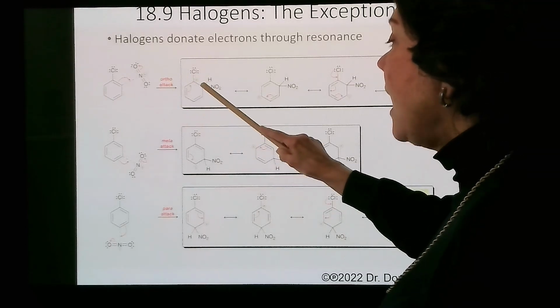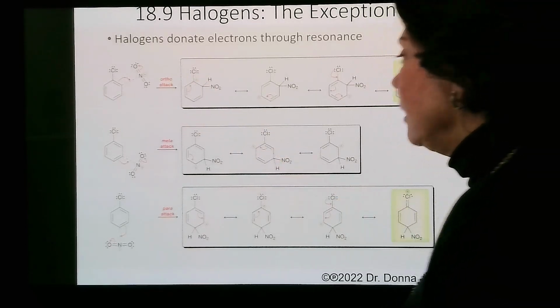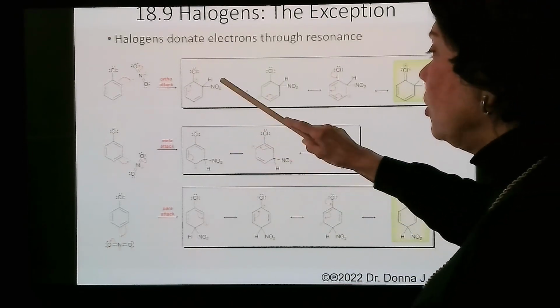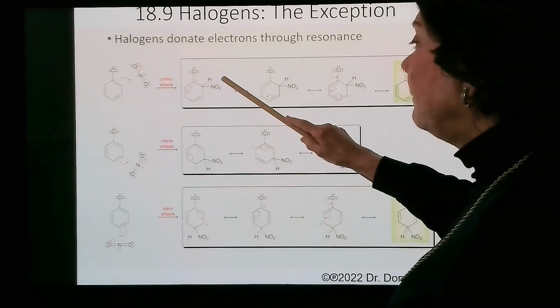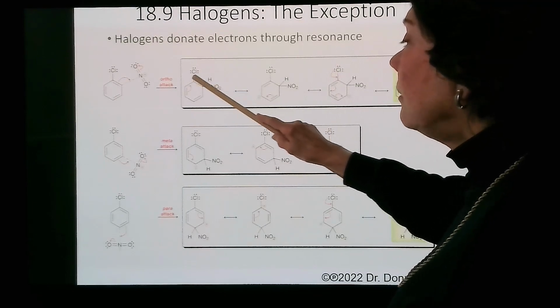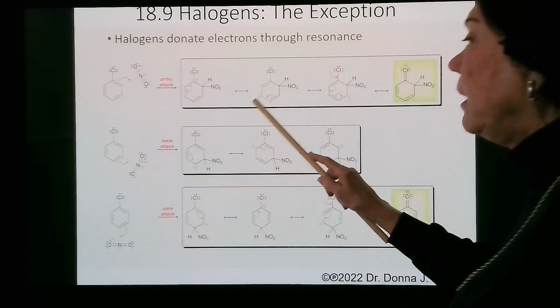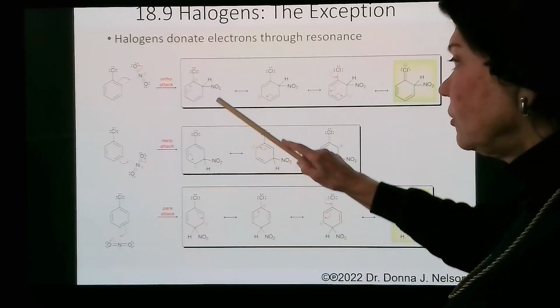This is attacked at the ortho position, and you can see that this carbon at the ortho position now is bonded to 4 different atoms. So this is the sigma complex.